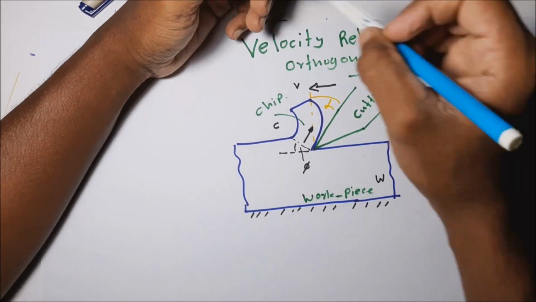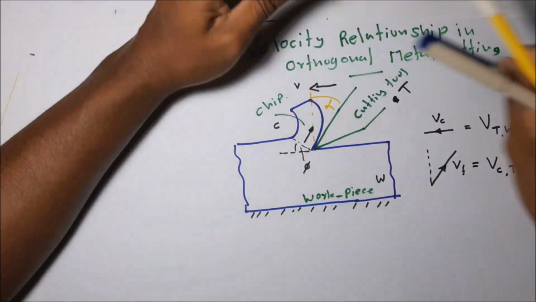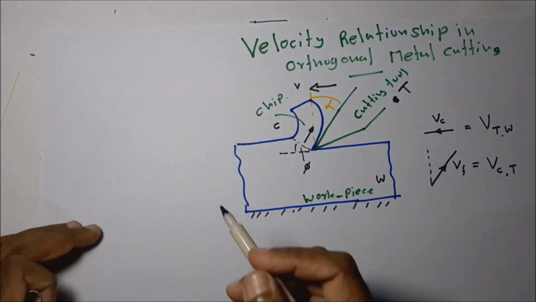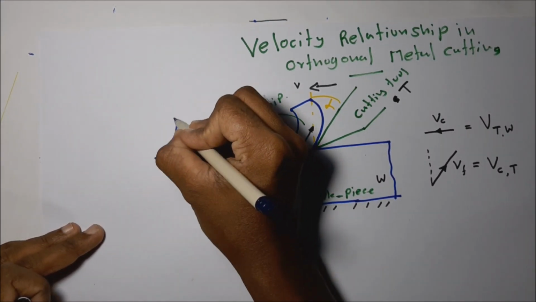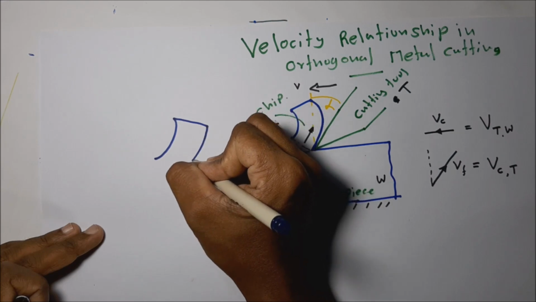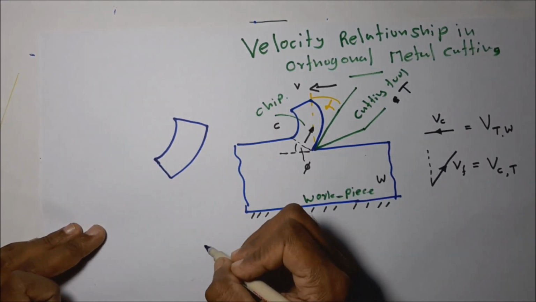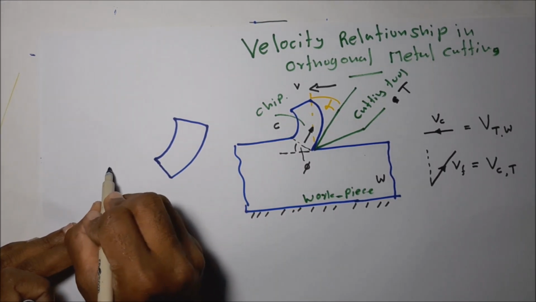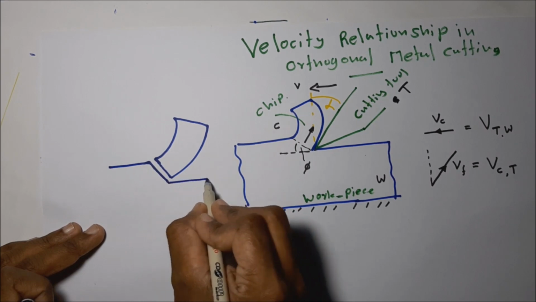Then if you take this chip separately, I am going to separate this chip at the shearing surface, the shearing plane. Here this is the workpiece.